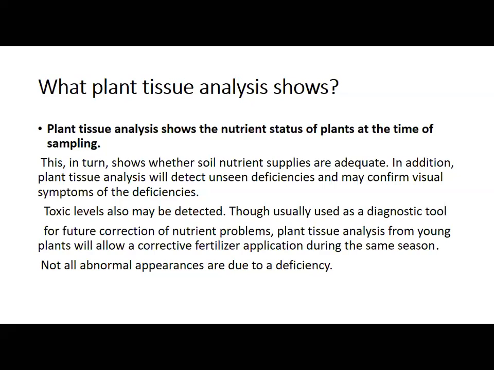Then we can follow a corrective fertilizer application program during that particular season. Not all abnormal life processes are due to deficiency. There are certain symptoms which are abnormal and which are not due to deficiency of nutrients. We have to briefly study that. But deficiency symptoms are specific, and we can determine or draw a conclusion.